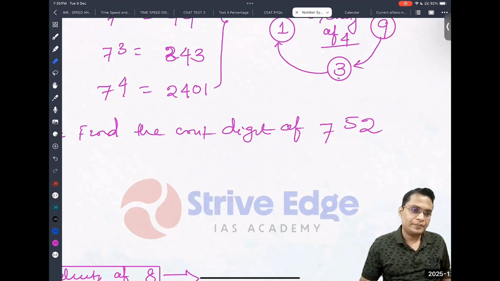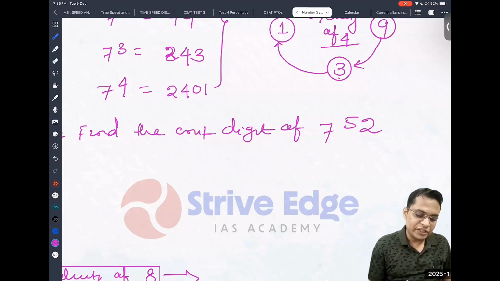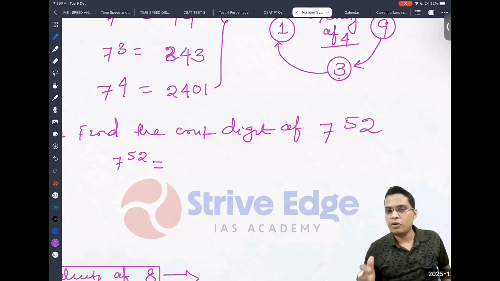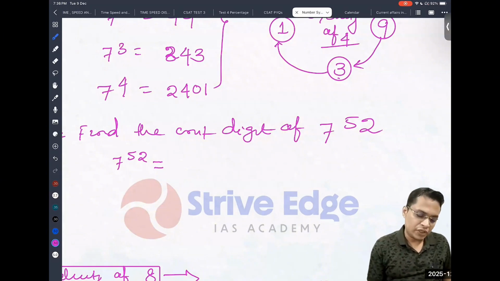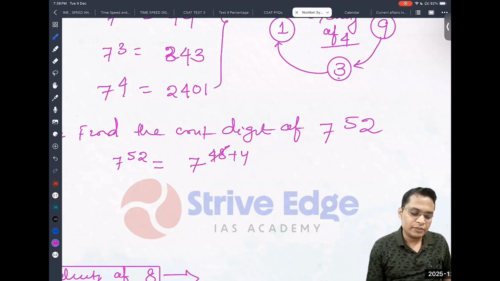It is asking for the unit digit of 7 to the power 52. Its cyclicity is 4, so we need to convert this into 7 to the power of a multiple of 4 plus something. So I can write 7 to the power 48 plus 4. 48 is a multiple of 4, so we need to eliminate that, leaving 7 to the power 4.